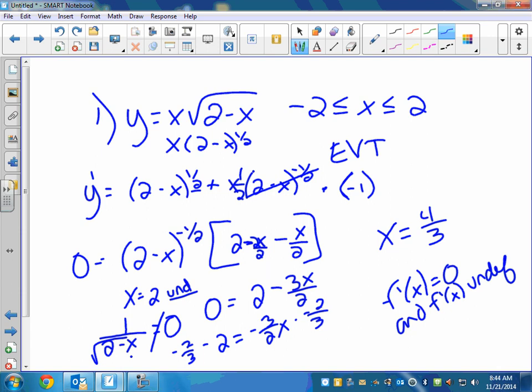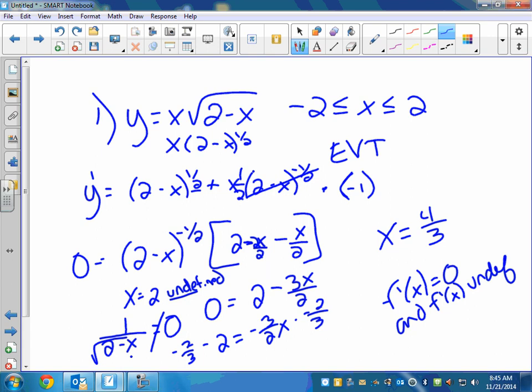But that's my undefined point, though. That has nothing to do with the solution to the equation. There is no solution to the equation because you're right. You end up with 1 equals 0. It's not a solution. But I looked at this and said, oh, it's in the bottom. What's going to make that undefined? So I'm saying that this is an undefined value, but that an undefined value is a critical point.